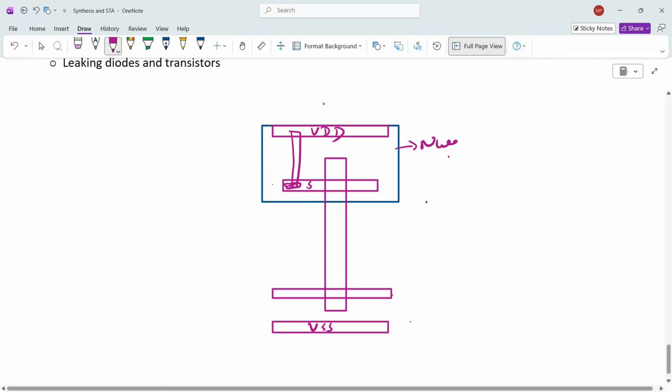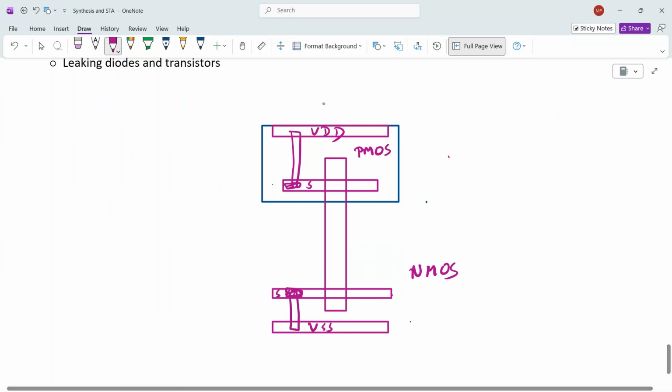This is the NWell, but you can say full PMOS. This is the PMOS, and this is nothing but the NMOS. Here again, the source of the NMOS is connected to VSS like this. Your poly is there.